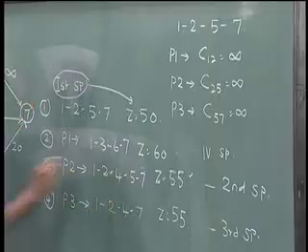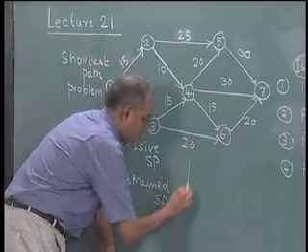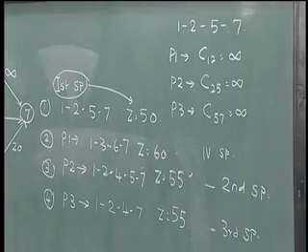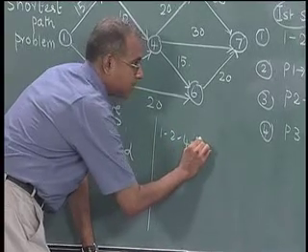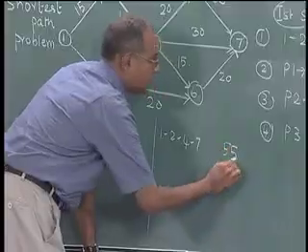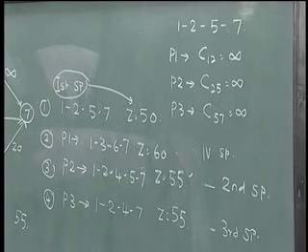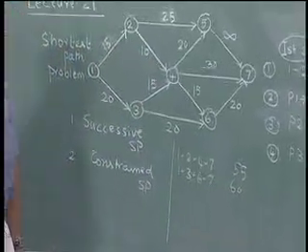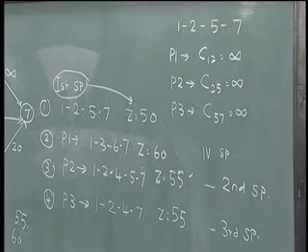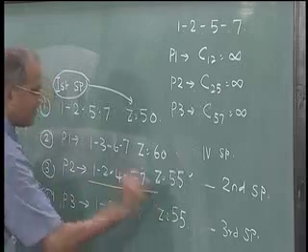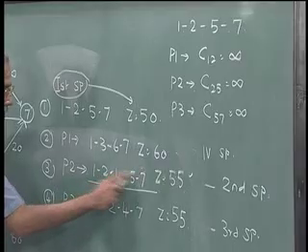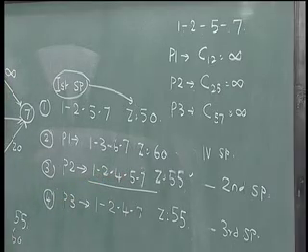Keep the other two in the solution. So, retain the solution, which is retain 1247 with 55 and retain 1367 with 60. Now, in order to find the third shortest path, take the second shortest path and then set 1, 2, 3, there are 4 arcs in the second shortest path, set each one of them to infinity.